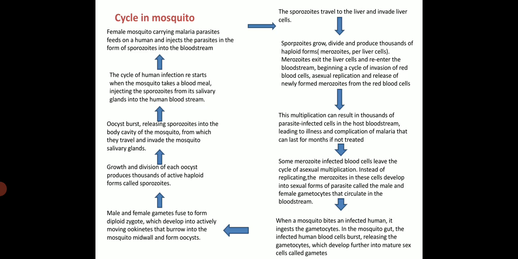The oocyst bursts, releasing sporozoites into the body cavity of the mosquito, from which they travel and invade the mosquito salivary glands. The cycle of human infection restarts when the mosquito takes a blood meal, injecting the sporozoites from its salivary gland into the human bloodstream.